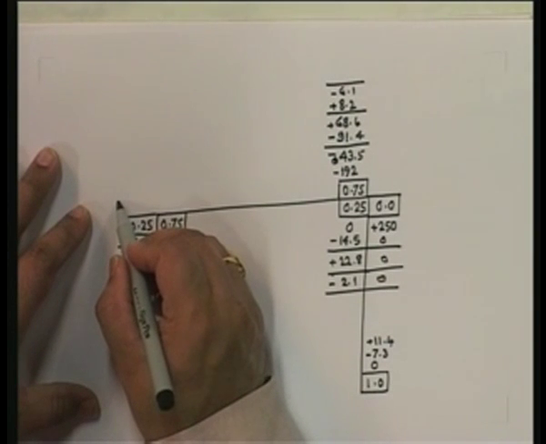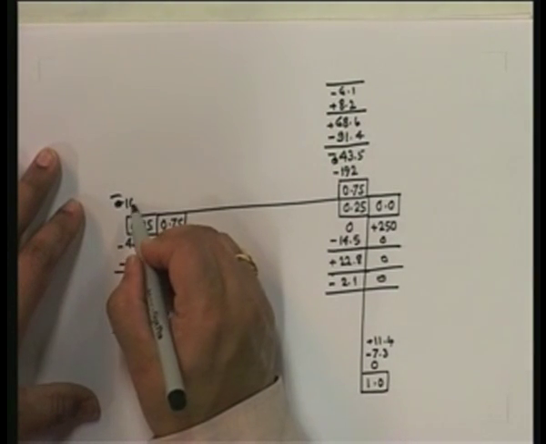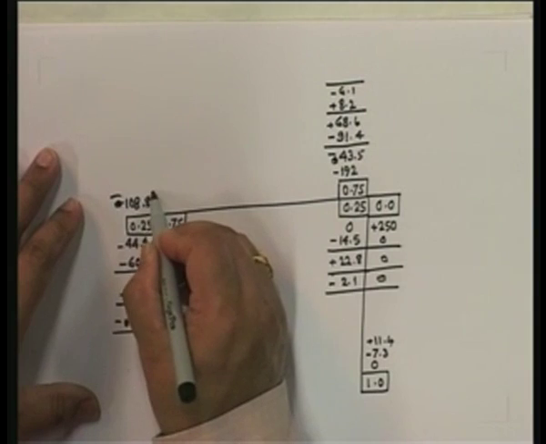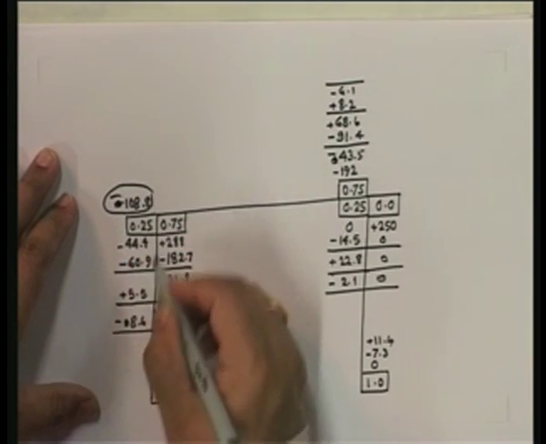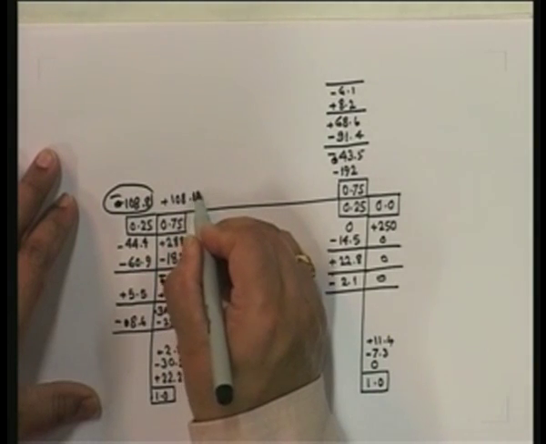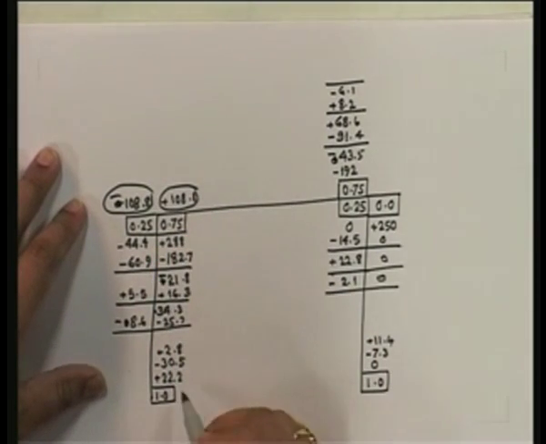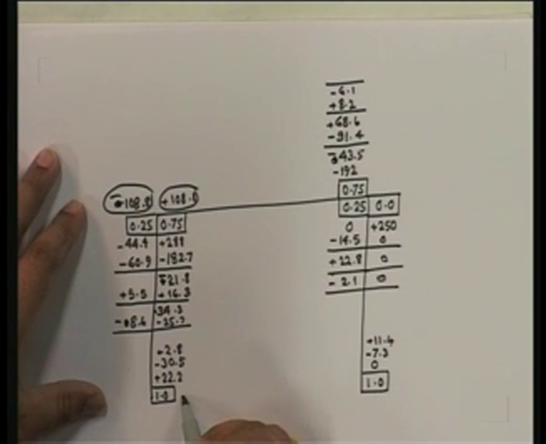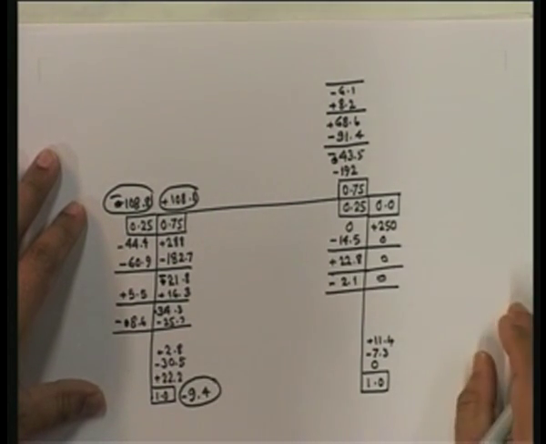At this point, you're going to have minus 108.8 at this end. Here you're going to have plus 108.8. Here you're going to have minus 9.4.